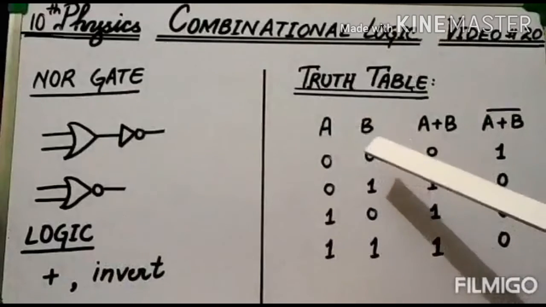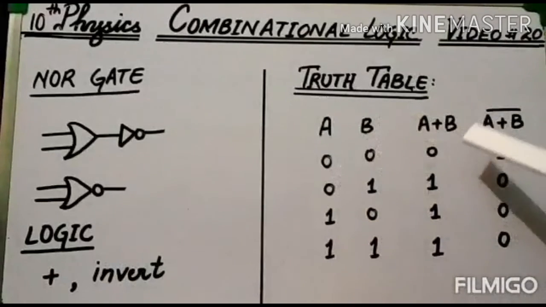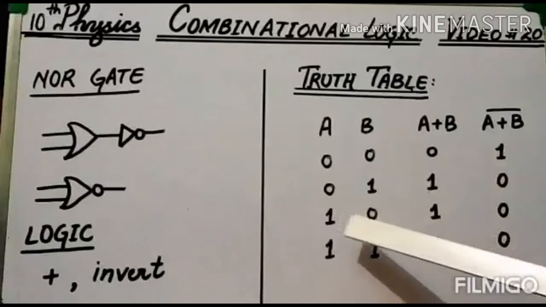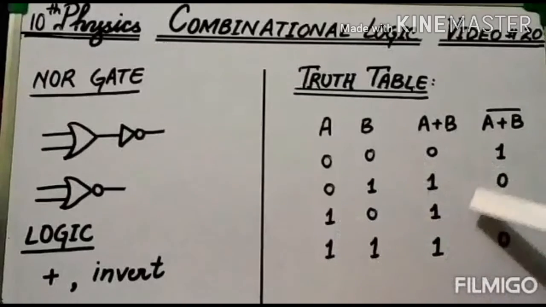Here comes the truth table. Now 0 plus 0 is 0, inverted it is 1. 0 plus 1 is 1, and 1 plus 0 is 1, and 1 plus 1 is 1, and when we invert all the outputs we get 0, 0 and 0.